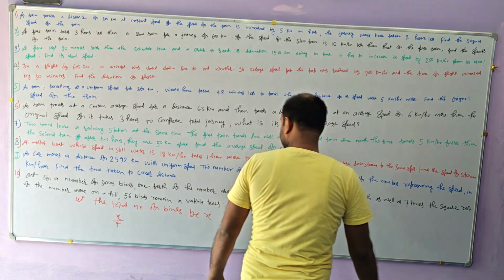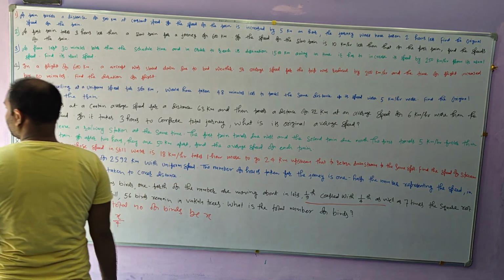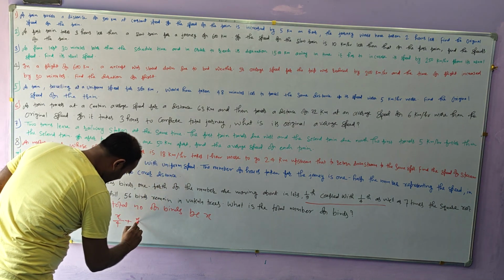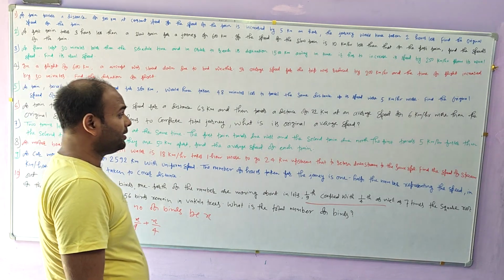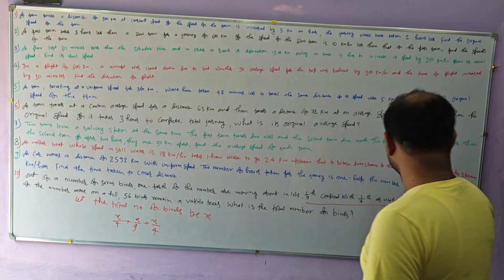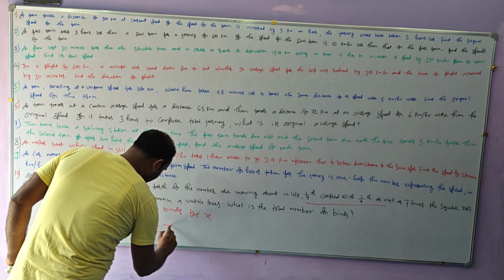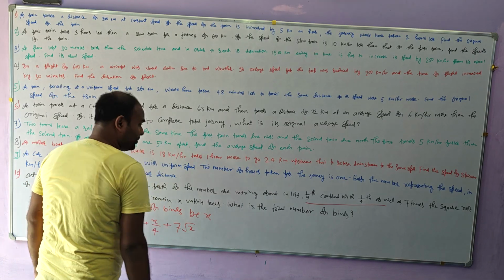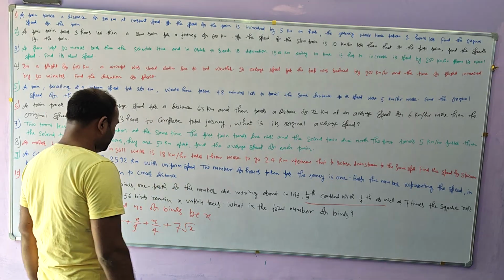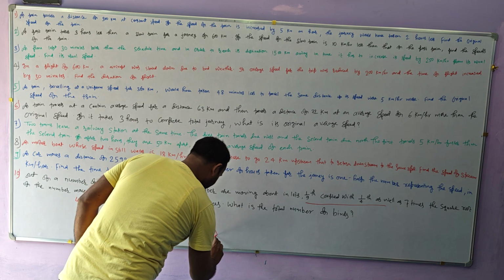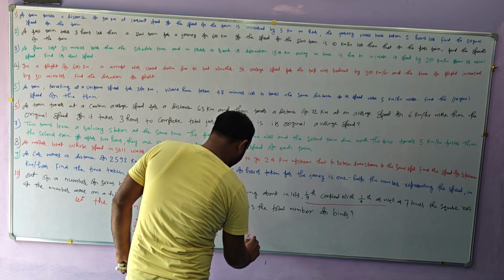Next, one ninth coupled with one fourth means x upon 9 is coupled with x upon 4, as well as 7 times the square root of the number. Move on a hill, 56 birds remain in trees, that means 56, and that is compared with total number x.